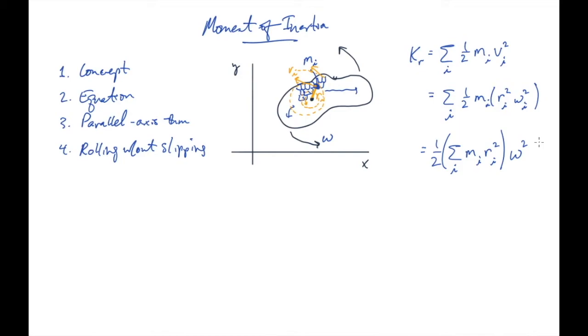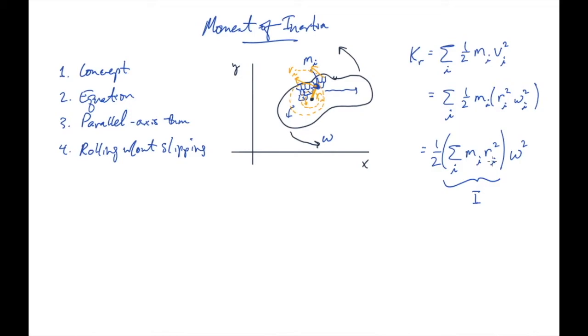The rotational kinetic energy is half I omega squared, where I, the rotational analog of mass, the moment of inertia, is the sum of each individual mass times the distance squared from the axis of rotation.